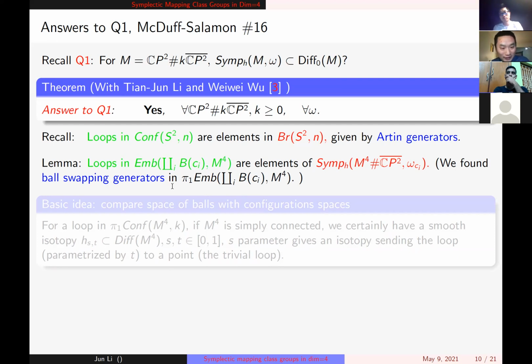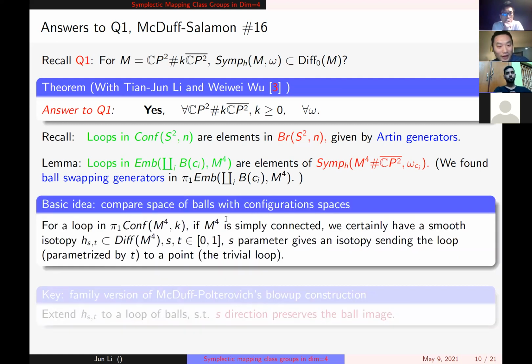Then to attack this smooth isotopy question, the first thing everybody could think about is to isotope, firstly, an arbitrary loop in the pi1 of the configuration space to the identity. That's actually pretty straightforward because here we have CP2, which is simply connected, and it's dimension 4, so the configuration space is also simply connected.